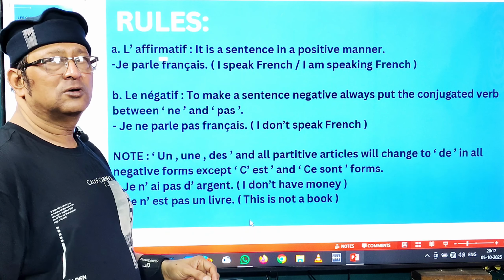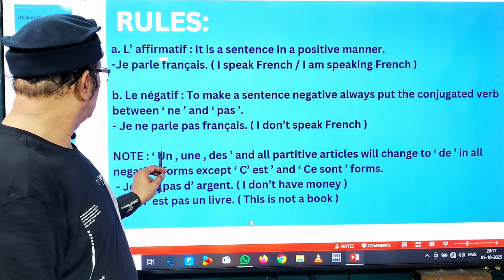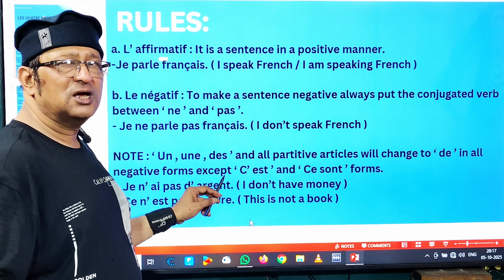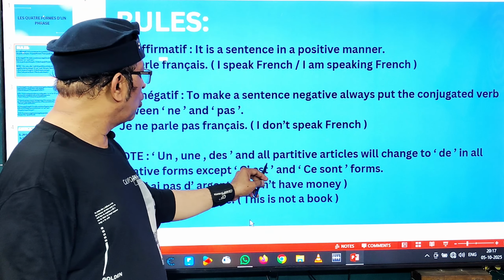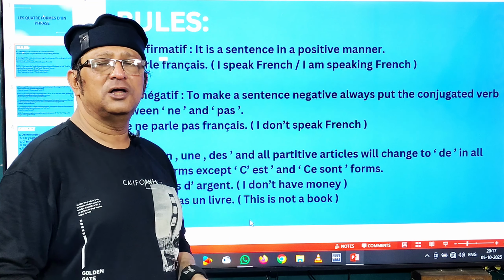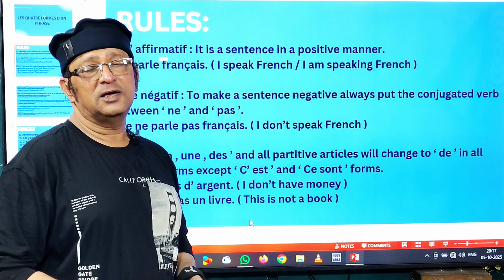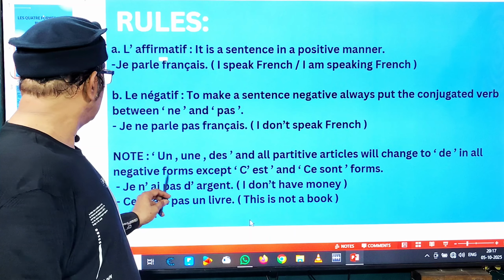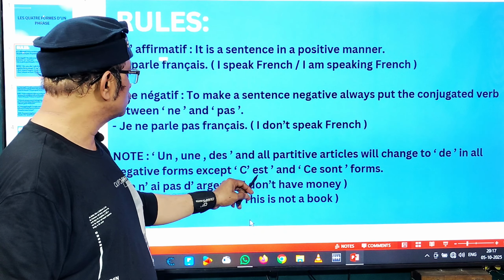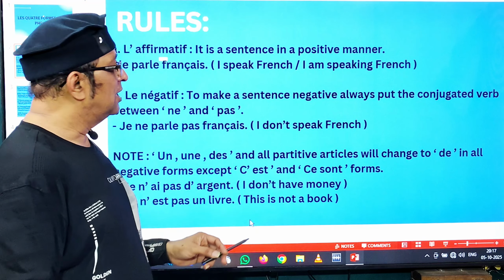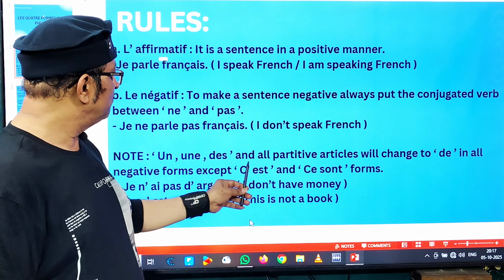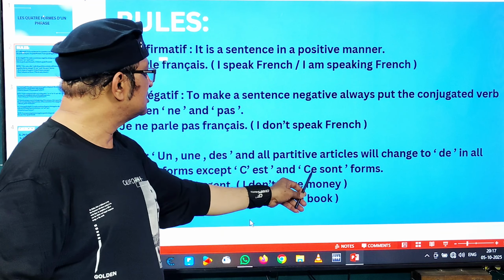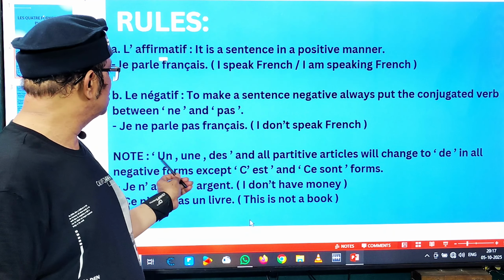Now note, just pay attention to this. UN, UNE, DES are indefinite articles, and all partitive articles, that is DU, DE LA, DES, DE L', will change to DE in all negative forms except C'EST and CE SONT forms. It means whenever there is C'EST or CE SONT in a sentence, no need to make any changes.